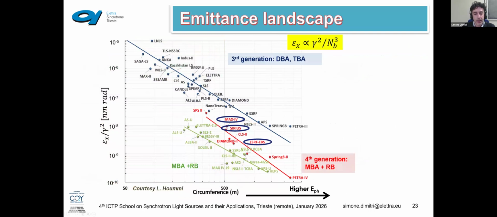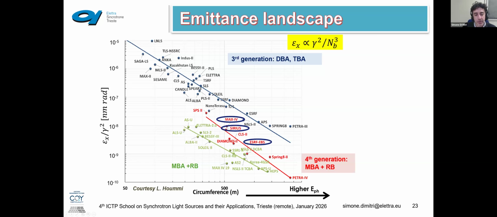This gives you again a picture, worldwide, of the equilibrium emittance at different synchrotron light sources as a function of the circumference of the light source, which is also proportional, as I mentioned in the first part, to the photon energy. The blue line is representing a fit of the experimental points of third generation synchrotron light sources.